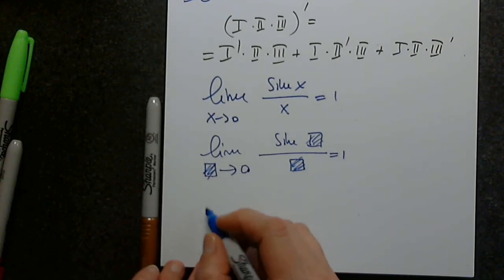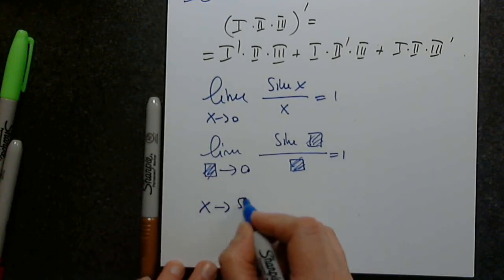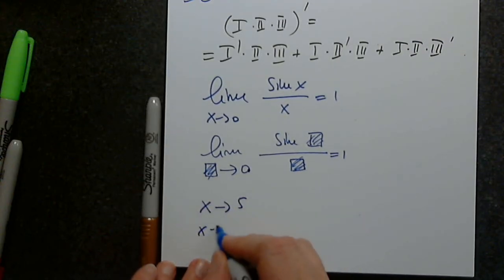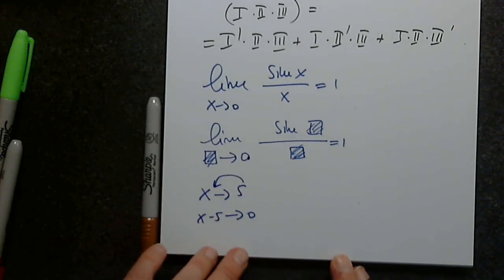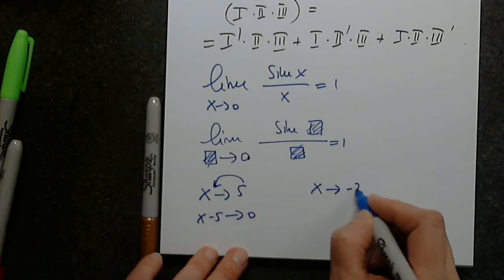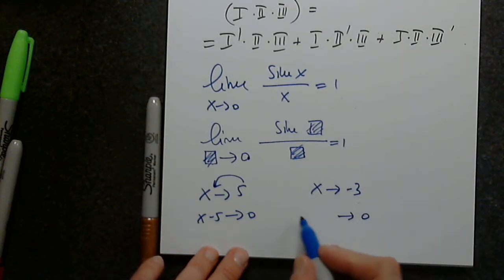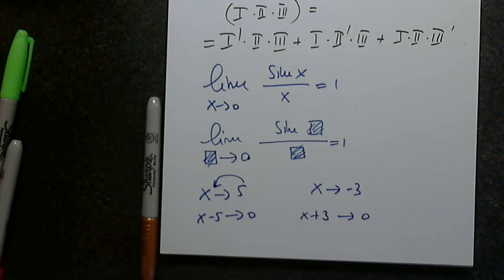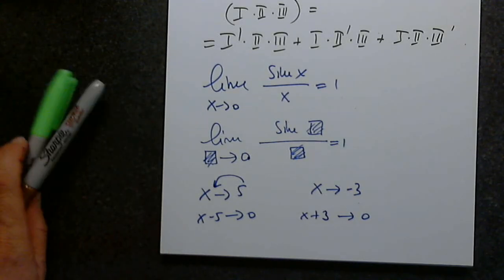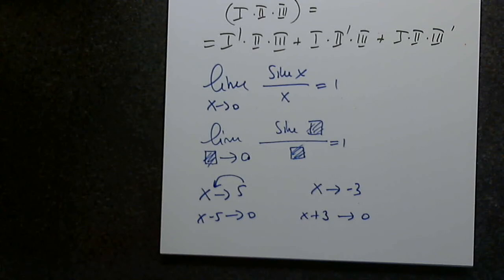So you understand that everything I write like x approaches 5, it's the same thing with x minus 5 approaches 0. If I write x approaches negative 3, it's the same with x plus 3 approaches 0. Exactly the same thing.